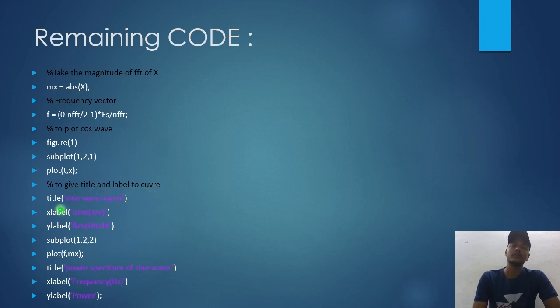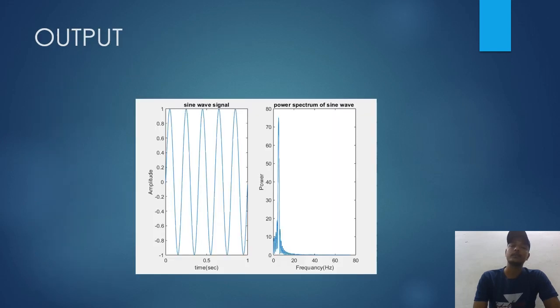The title is sine wave signal, x label is time, y label is amplitude. Subplot 1 by 2, 2, plot f of mx. We have now plotted the magnitude of the FFT with respect to the frequency. Now we have plotted both, and this is the output for the sine wave. This is the sine wave signal, and this is its output for the first half.